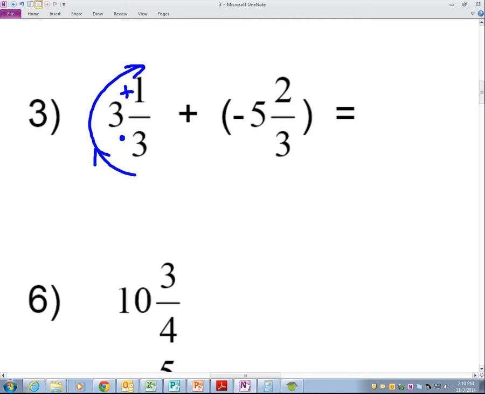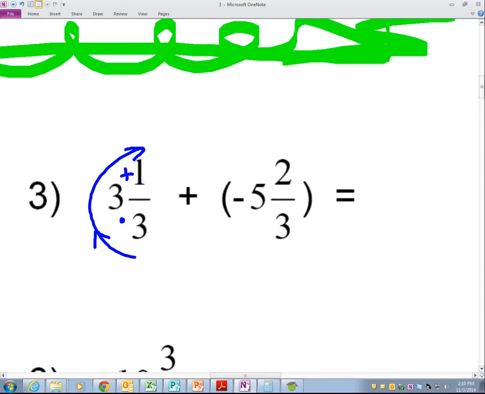So we multiply the denominator times the whole number, then we add the numerator, which gives us 10 over 3 plus. Then what's this next one? Negative 17 over 3.